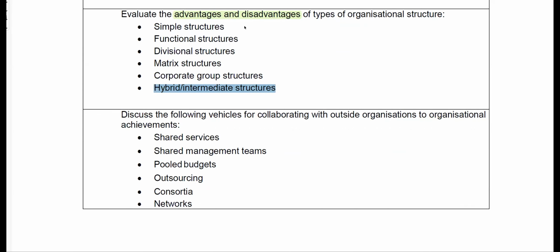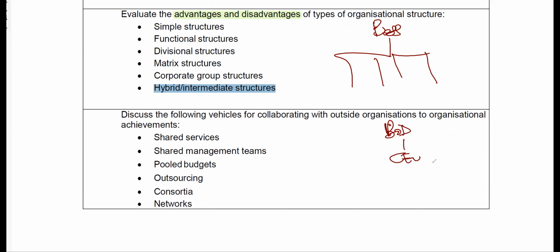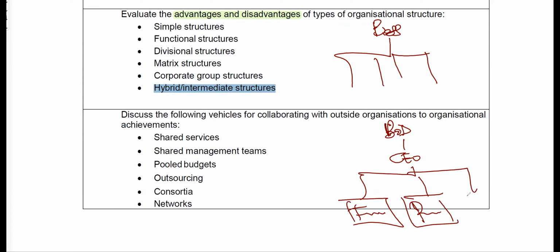So a typical example is, if you look at a simple structure, this is the boss, and these are the employees. Okay, functional structure. If you look at the board of directors, you come down, there's the CEO or the managing director. Then you have maybe finance department. You have production. You have R&D. You have IT.